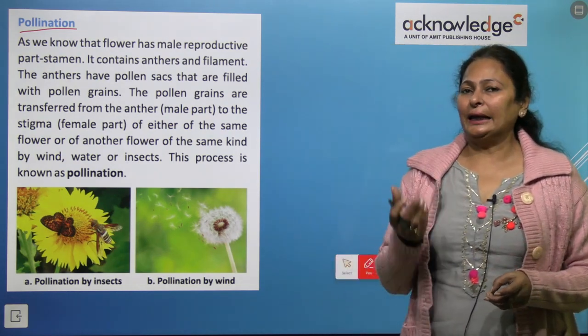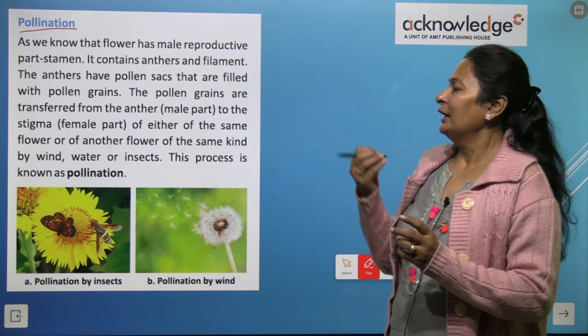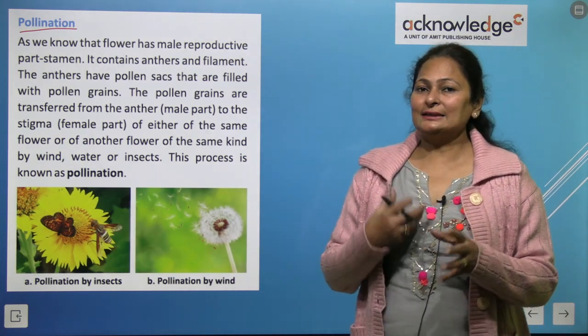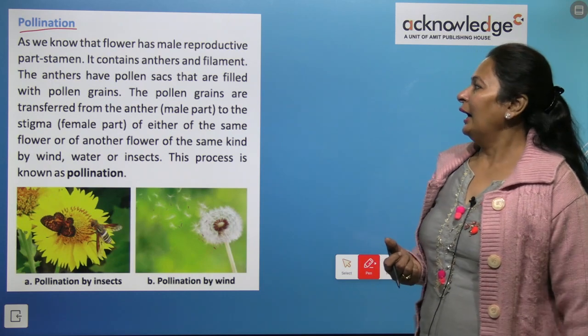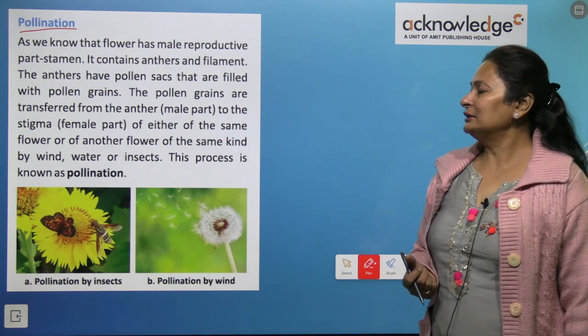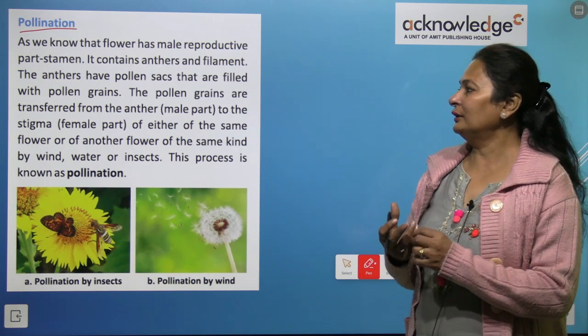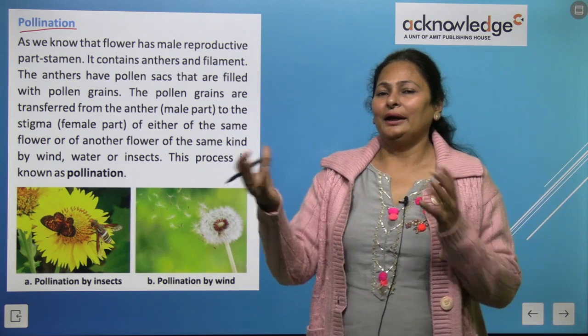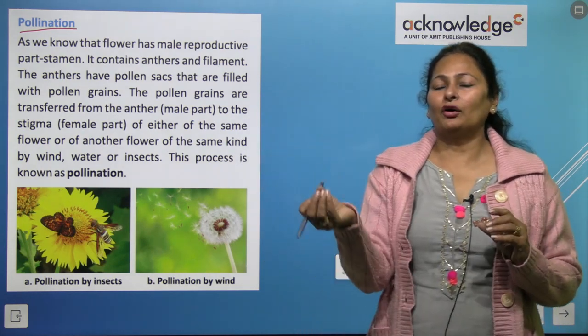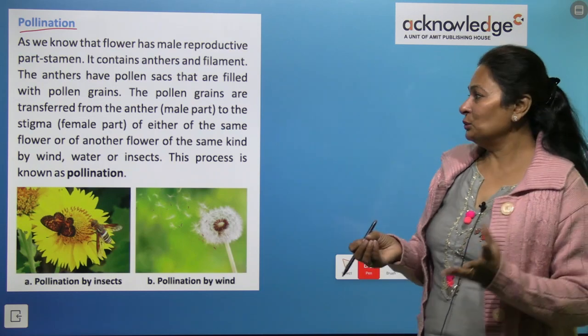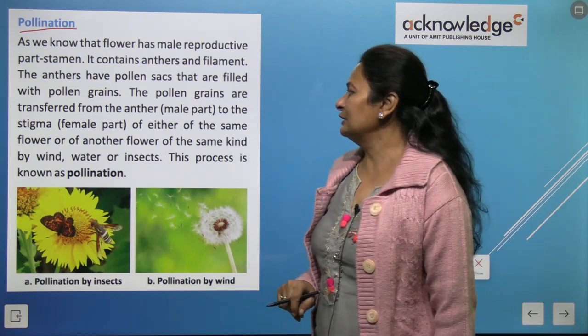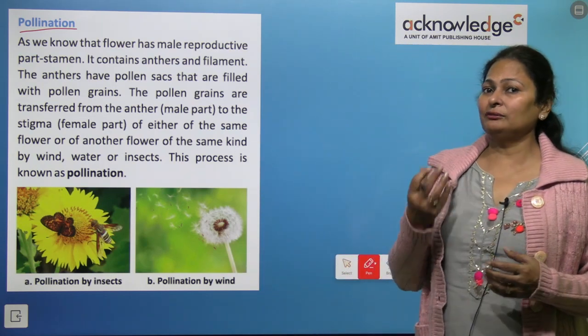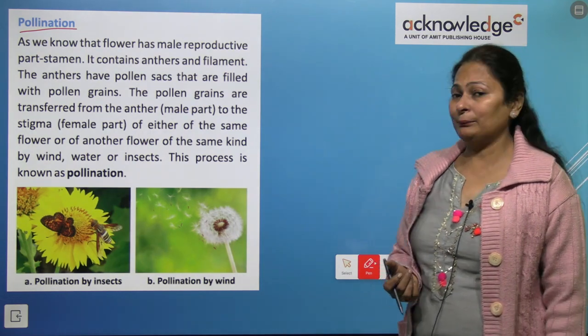The male part, the anther, has pollen sacs filled with pollen, and the pollen grains are transferred from the anther to the stigma. It gets transferred from the anther to the stigma, either of the same flower or another flower of the plant of the same kind.